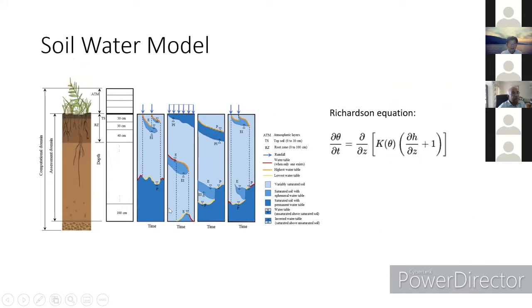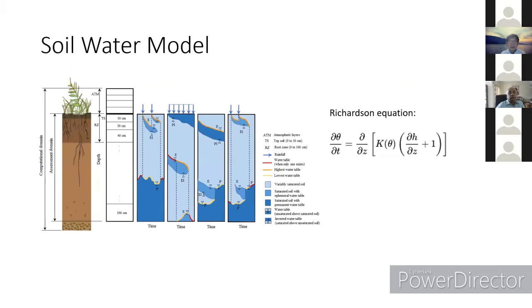Right. So, for example, let me show you an example. In a soil water model, similar to HYDROS, you have the profile and you discretize it, and it's based on the Richards equation. Solving this Richards equation, you have water, and how does it transport, right?